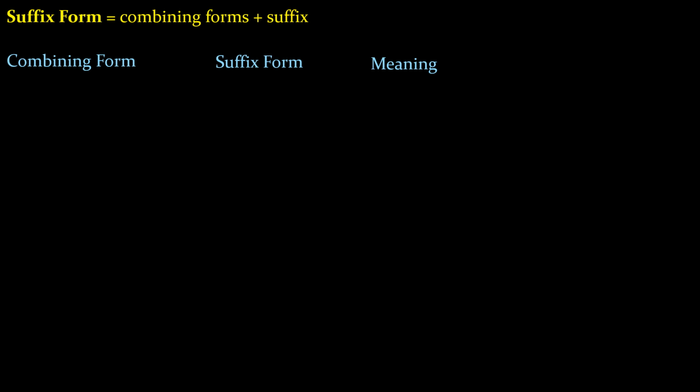Some combinations are so common that we can learn two things at once. Here's what I mean. We just learned log, and we've already learned some of the things that can easily and commonly be added to log, the y and the ist. So we'll get our logy and our logist.